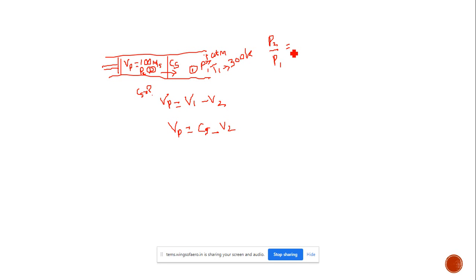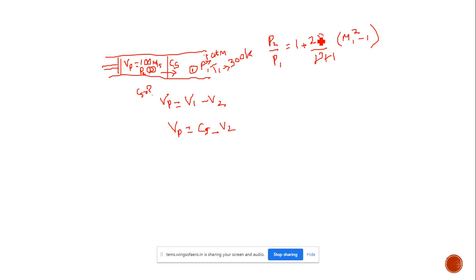P2 by P1 equal to 1 plus 2 gamma divided by gamma plus 1 into M1 square minus 1. But we don't know the Cs velocity, so we can't find it from this equation.